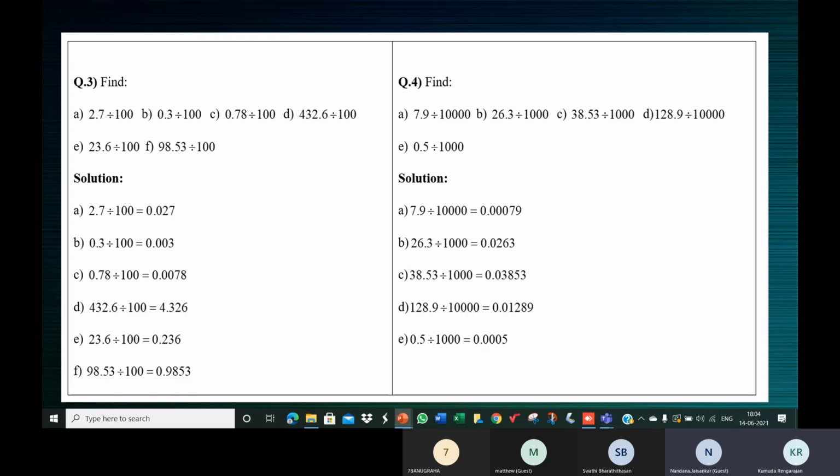Ma'am, if we shift it to the right, we get 0.78. 0.78 is what you already have there. Shift the decimal point 2 places to the right and left and tell me the 2 different answers you get.